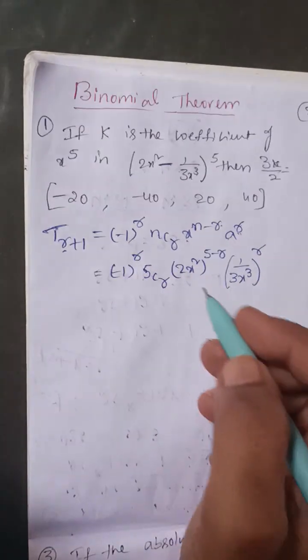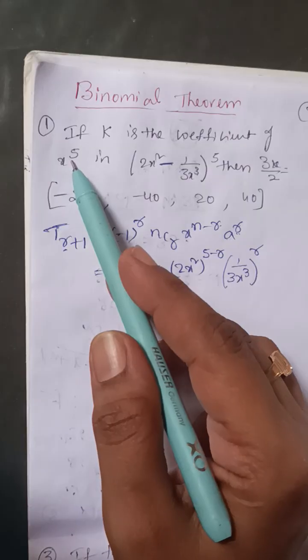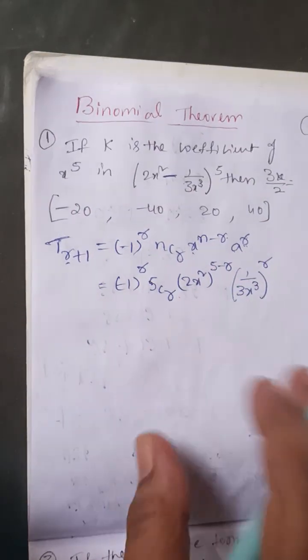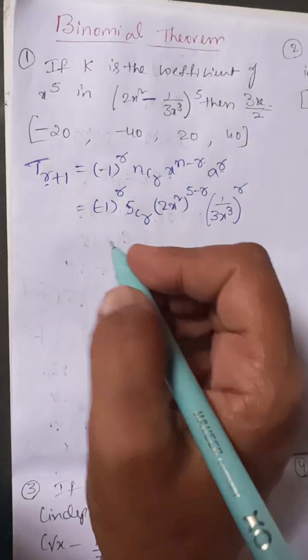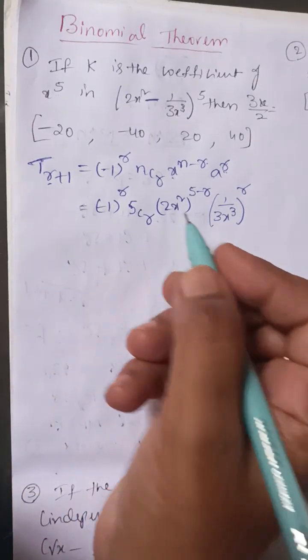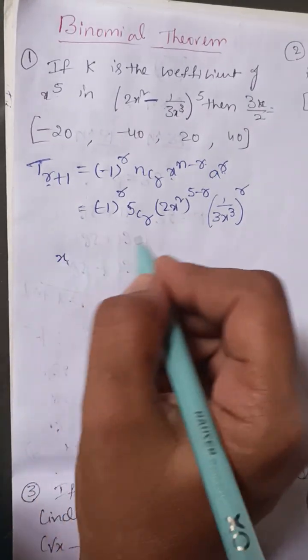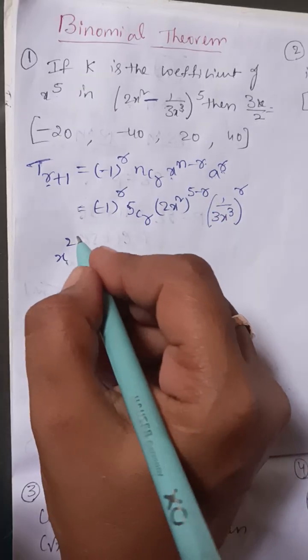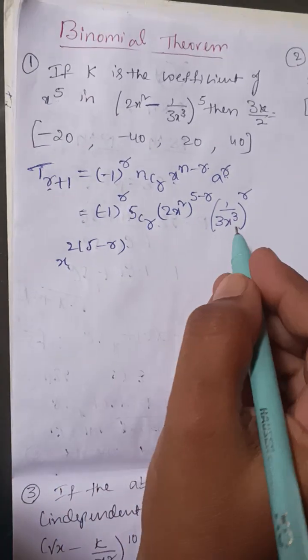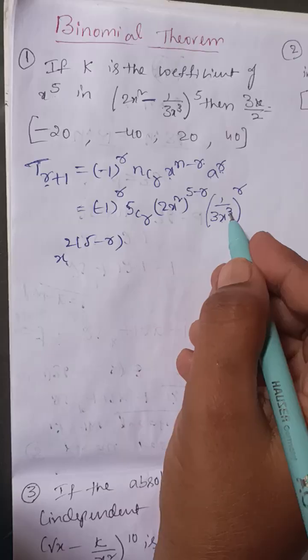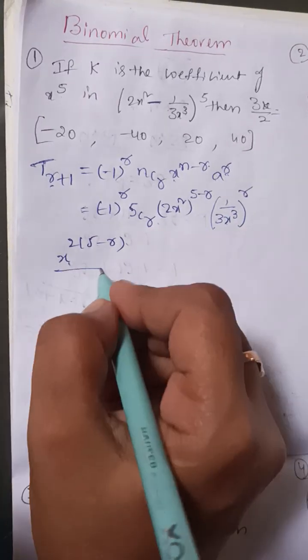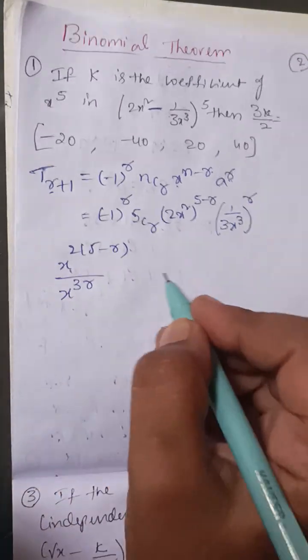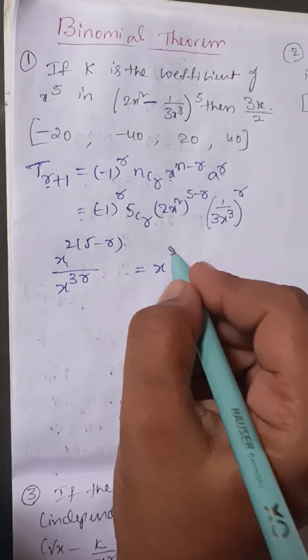So here to find the coefficient of x power 5, just take the x terms, only x terms. So here x terms are x power 2 into 5 minus r, and denominator x power 3 whole power r, so x power 3r, which is equal to x power 5.